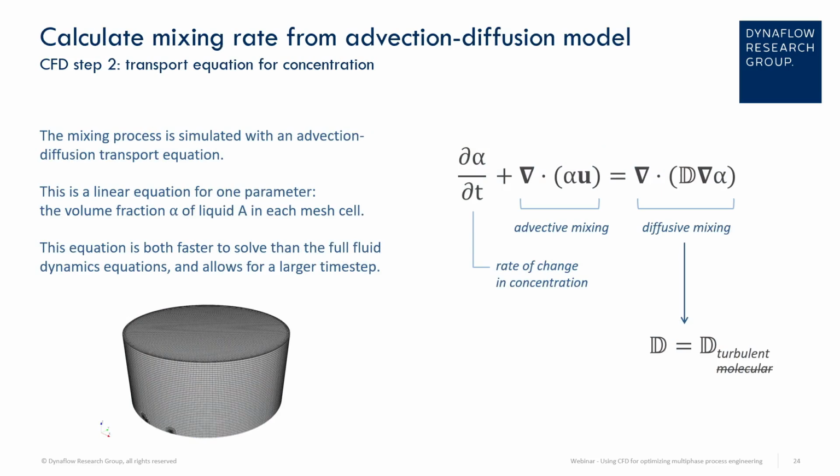So the mixing process is simulated with an advection diffusion transport equation, which takes into account the two mechanisms we have just discussed. Advective mixing, so replacing fluid of some concentration by fluid of a different concentration by means of the mean velocity in the jet, and diffusive mixing, which is basically by turbulence in this case.